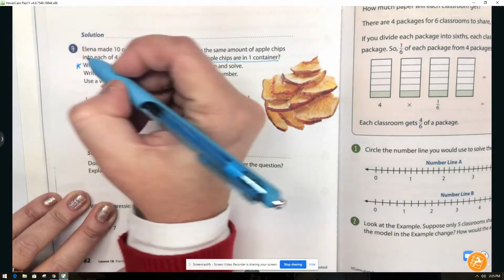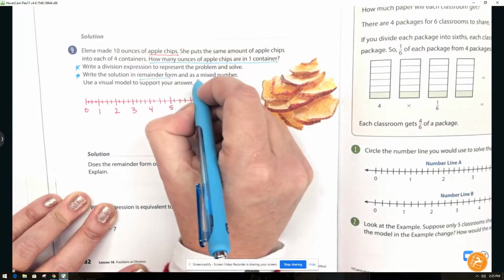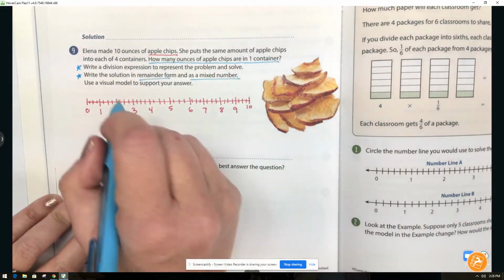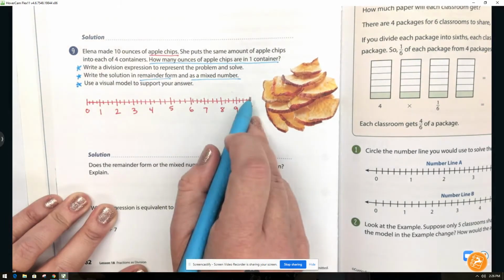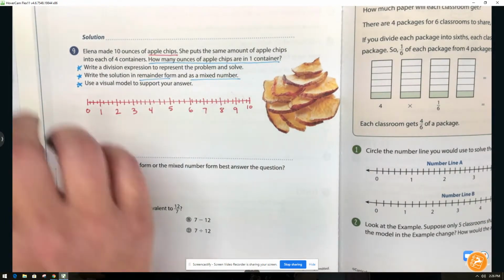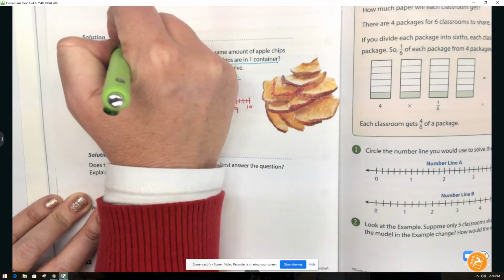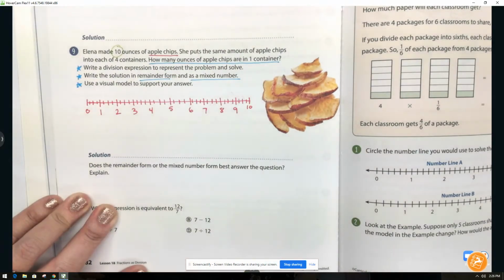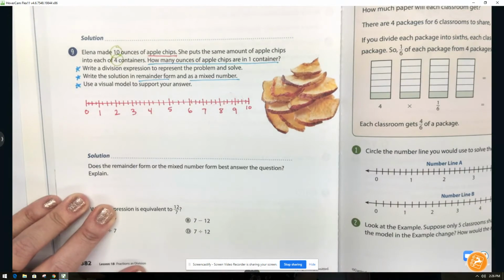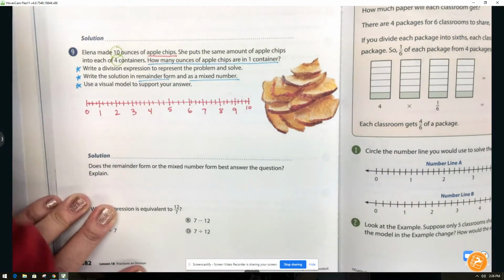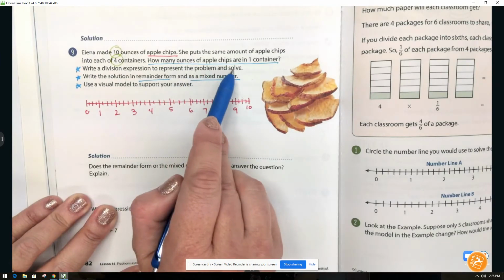We need to write the solution in remainder form and as a mixed number. And then we also need to use a visual, which I've already put here to begin with. What is the important information in this text? The important information is that we have 10 ounces of apple chips and that we're going to divide it into 4 containers. So let's begin with writing a division expression to represent the problem and solve.